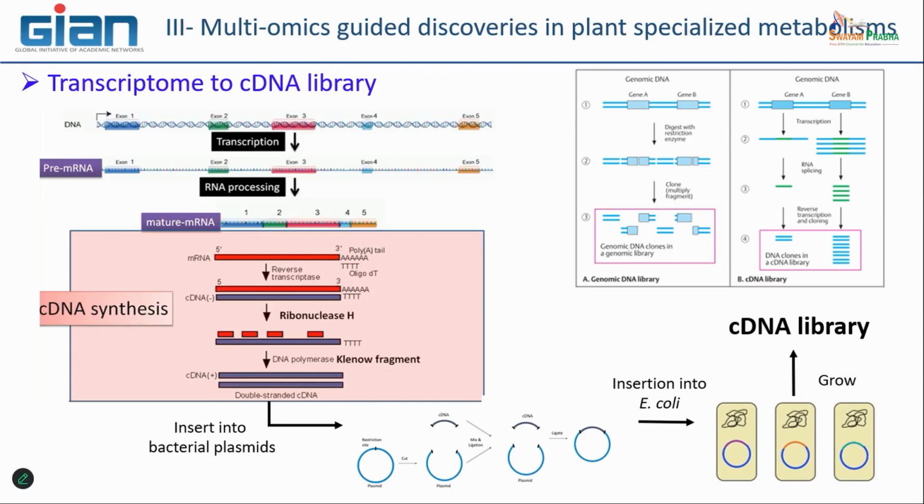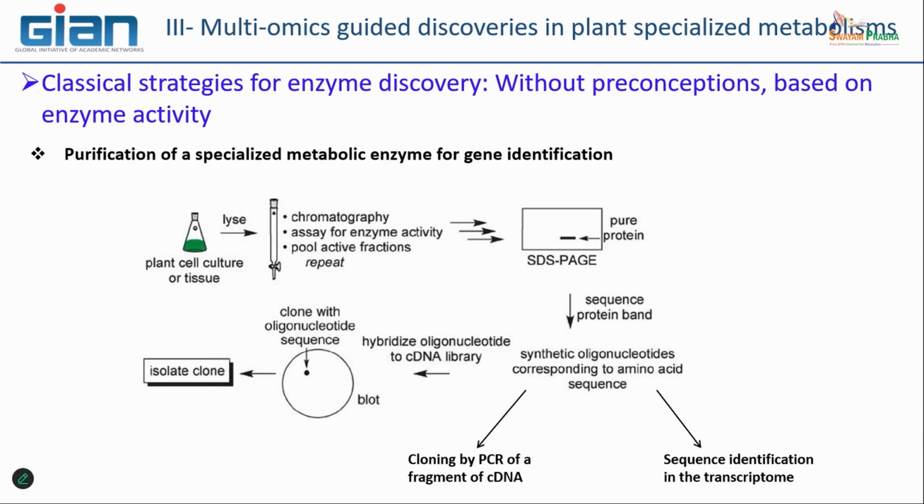So when you have this type of tool, it can be the base for screening, when you know how to screen. That is exactly what I have tried to explain to you. If you have these nucleotide probes, you can screen this cDNA library, and you can see which clone of Escherichia coli has exactly the sequence that corresponds to the gene encoding the protein you isolated at the beginning.